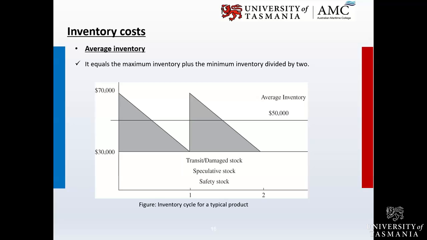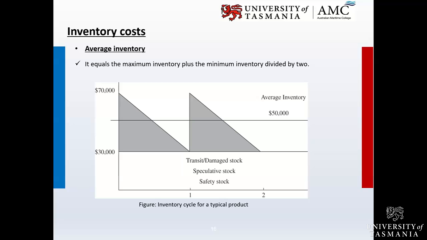For example, in this figure, if the minimum inventory level is 30,000 and the maximum level of inventory is 70,000, we can use the definition to calculate the average inventory.